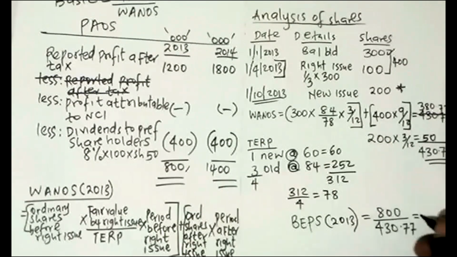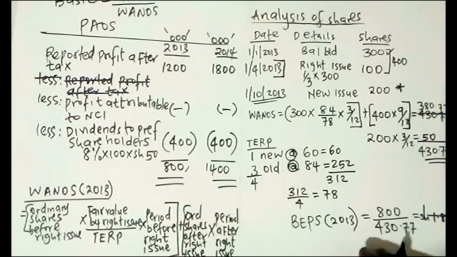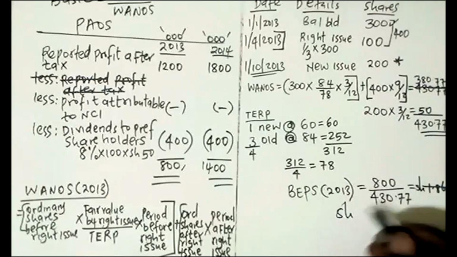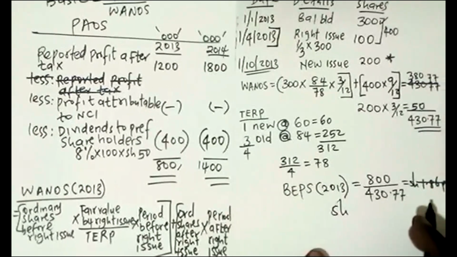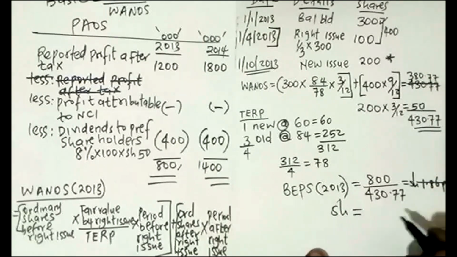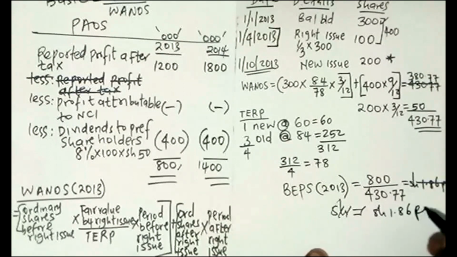That is 1.86 shillings per share. So shillings 1.86 per share.